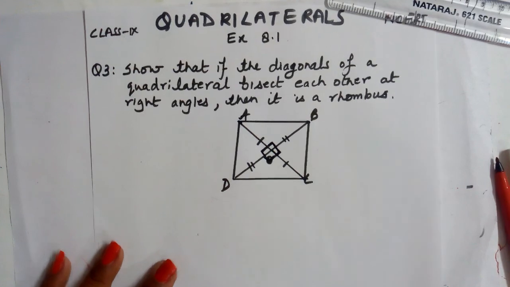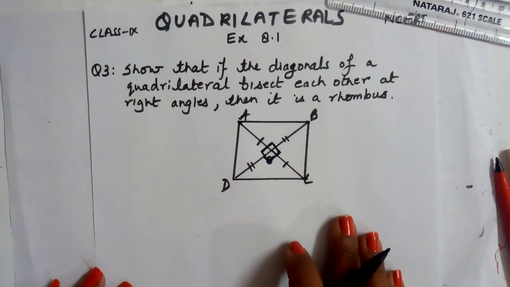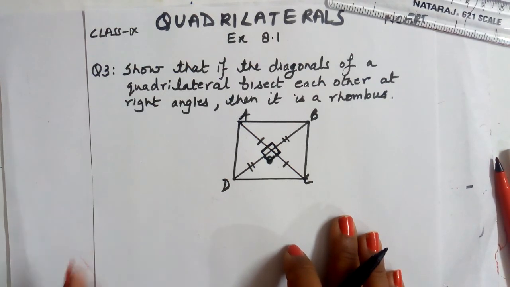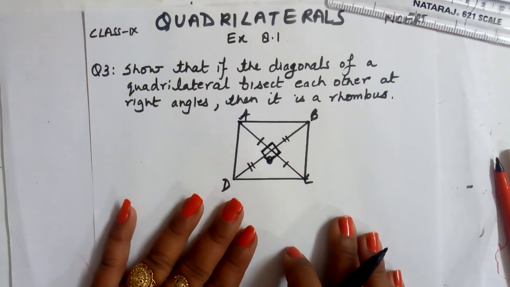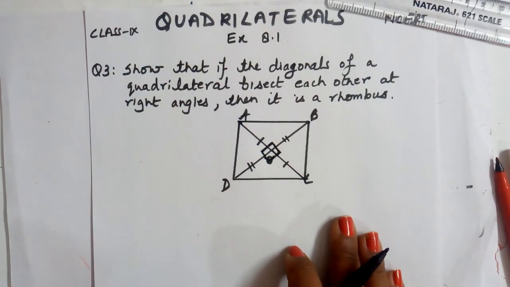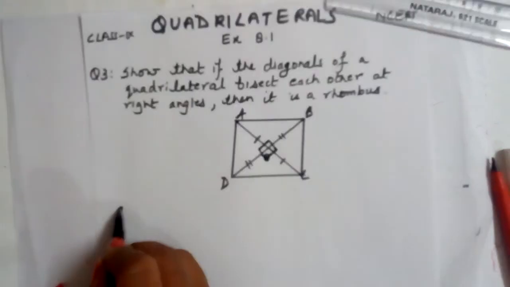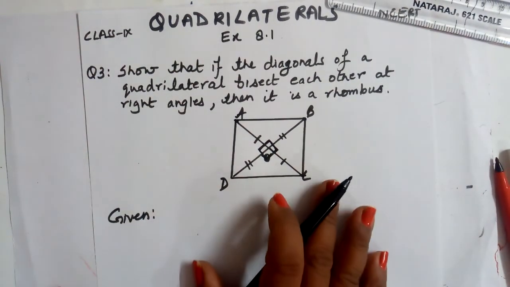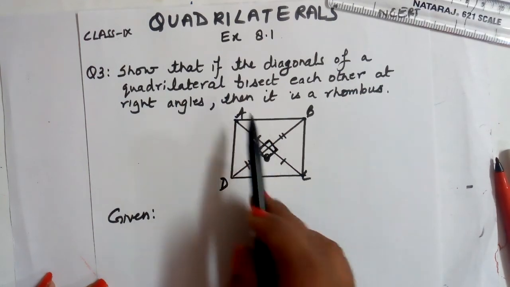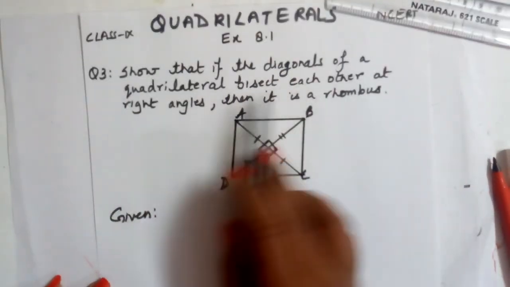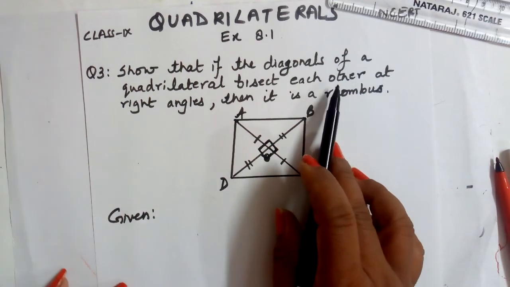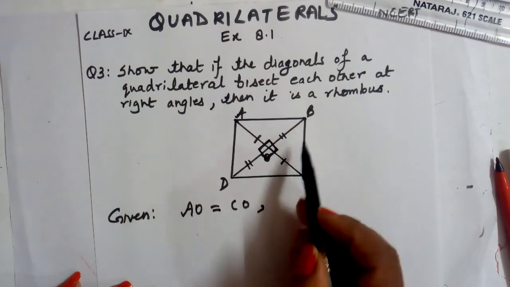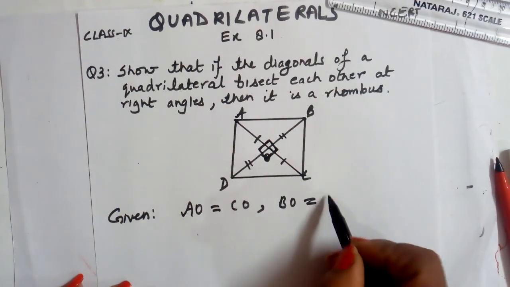I already told you while doing the chapter Triangles also, that in geometry, first of all, the figure is very important, and after that we have to write what is given. So what is given? ABCD is a quadrilateral, there is no need to write that. We write that because they are bisecting, instead of writing the complete sentence, AO is equal to CO and BO is equal to DO.